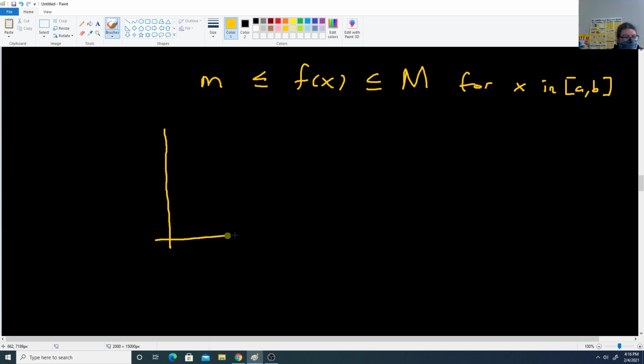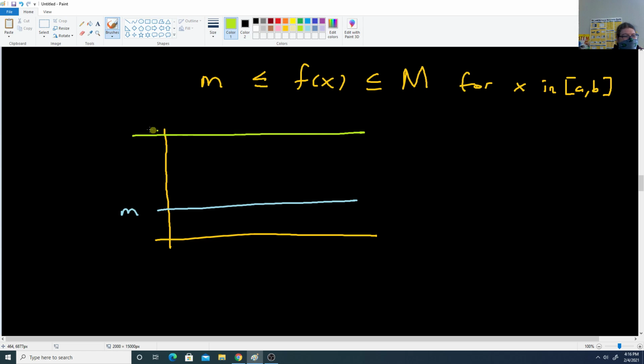So let's say we had a graph, and m is down here, this is my constant m, and capital M is way up here. My function f of x is in between those, so let's say f of x is some little curved line going in between. We're looking over the interval a up to b of all three of these.